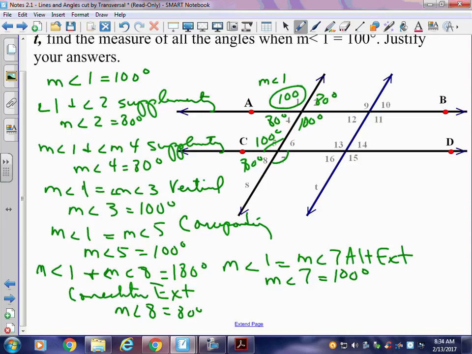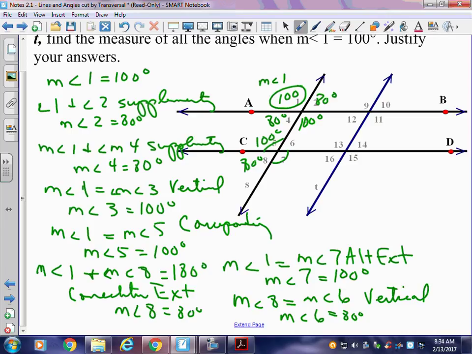And the only one I couldn't label was 6 because it doesn't have a relationship to 1, but you can make a relationship with it to any other angle. So the measure of angle 8 is equal to the measure of angle 6. So the measure of angle 6 is equal to 80 because these are vertical angles. It's the easiest one to do.